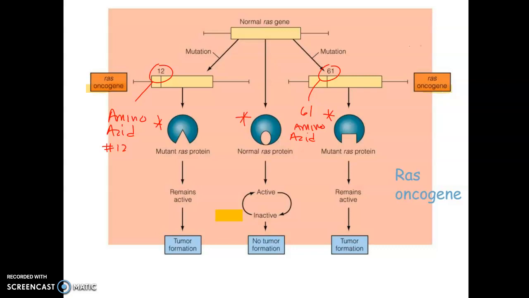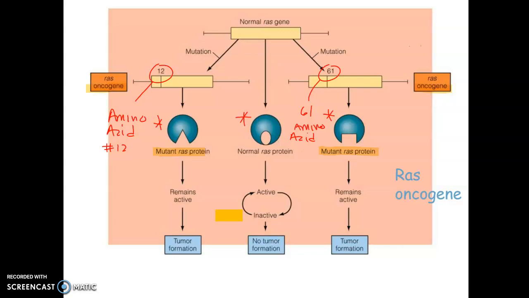So kind of like what I showed before back here is showing how the mutations can show up. If you notice, the protein is misaligned here. Both of these proteins are kind of broken. The one in the middle has a particular shape. The ones on the outside don't have a particular shape, and that's why they're not functioning properly.